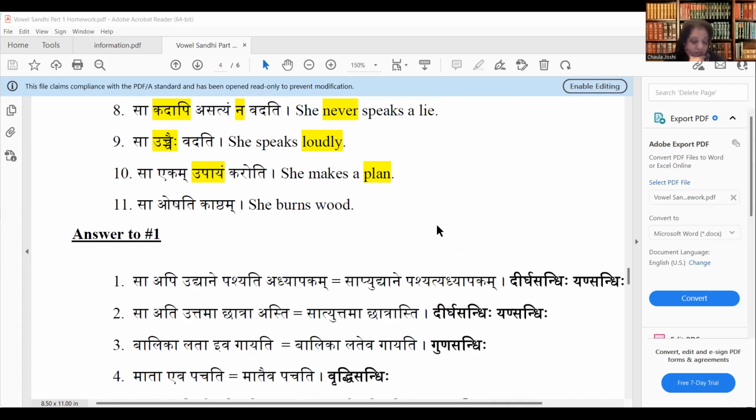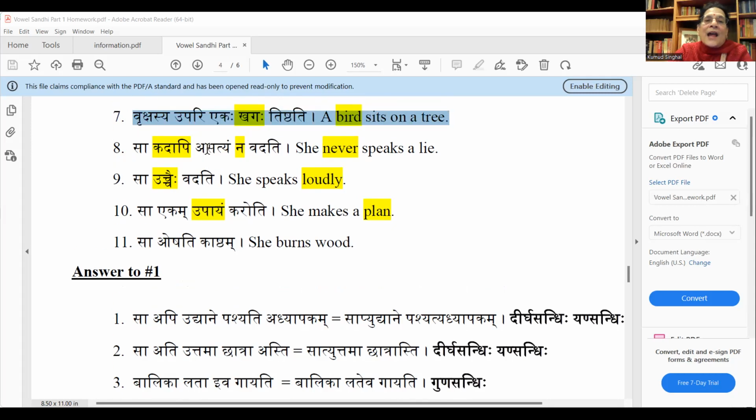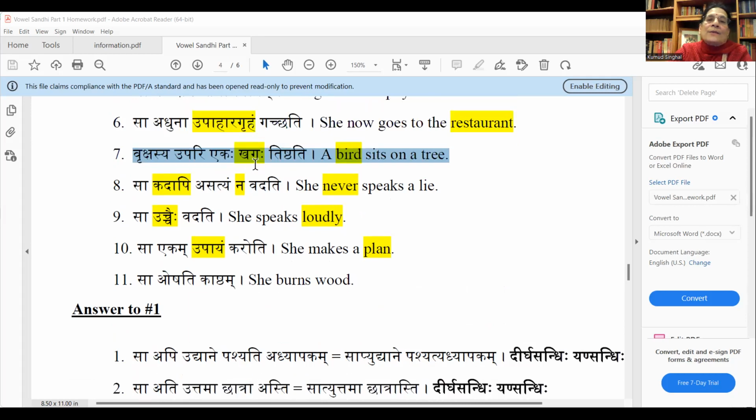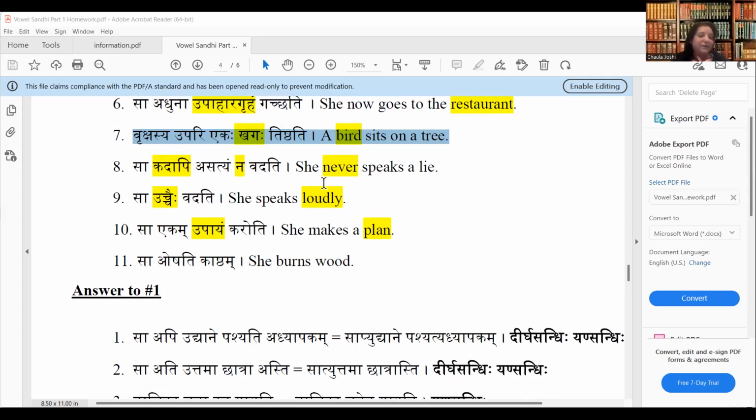Now Uchchehi, this is a Visarga Sandhi, because this Uchchaihi ends in a Visarga. We haven't done this. So that's why I couldn't get it. Right now I'm only doing the rules so far, and wherever you have Visarga, there will be another rule. So that's why I couldn't get it. Okay, no problem.